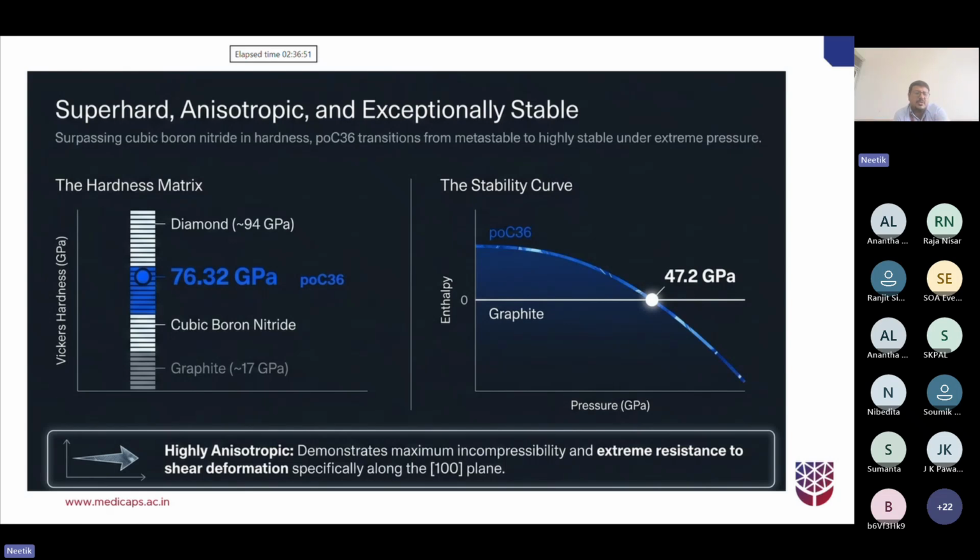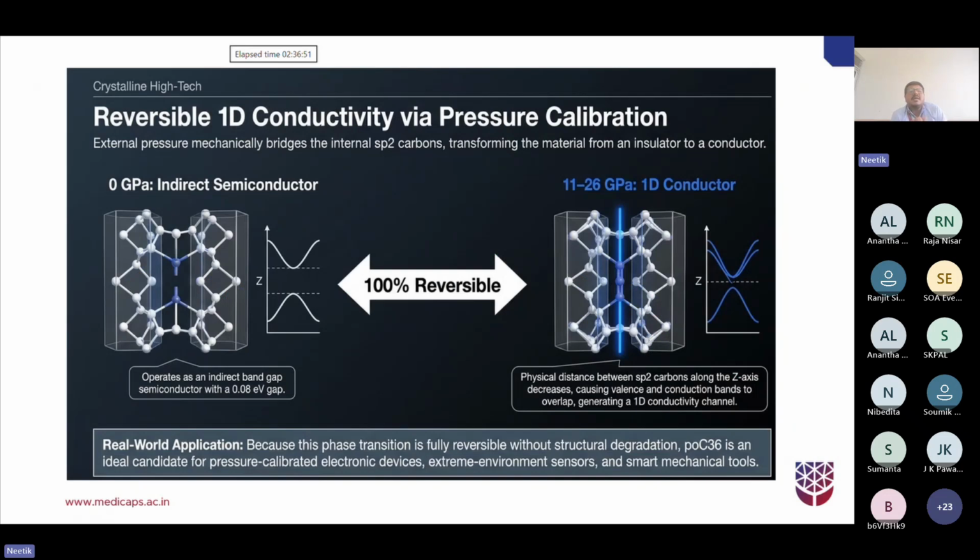So we can put them under high pressure, they are stable up to 47.2 gigapascal, and in that region they become conducting. This conductivity is through a 1D channel, and it becomes highly conducting, with the peak observed around the 11 to 26 gigapascal region.